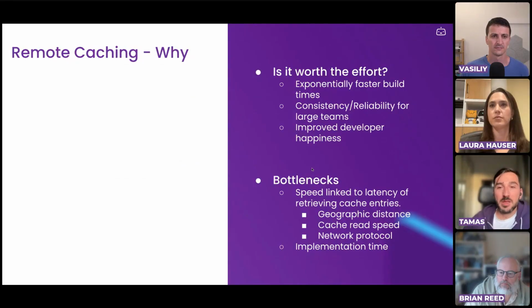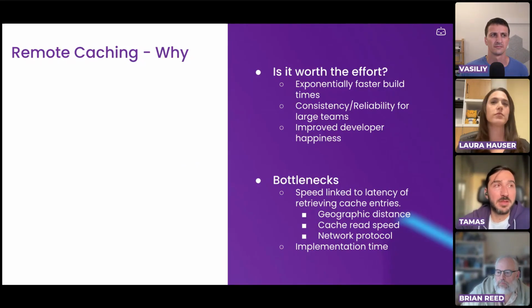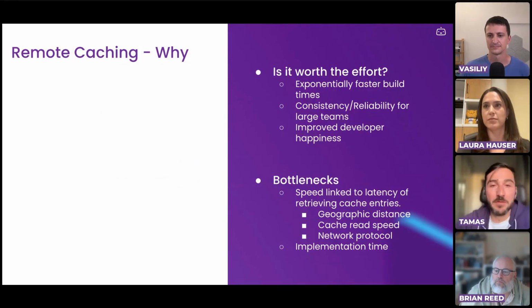Why does it make sense to use caching? Is it worth the effort? Yes, you can achieve exponentially faster build times. The consistency and reliability for large teams increases heavily. You get improved developer happiness, simply because of the speed itself. What are some bottlenecks?